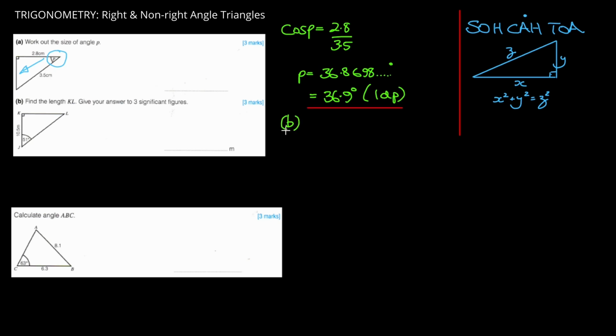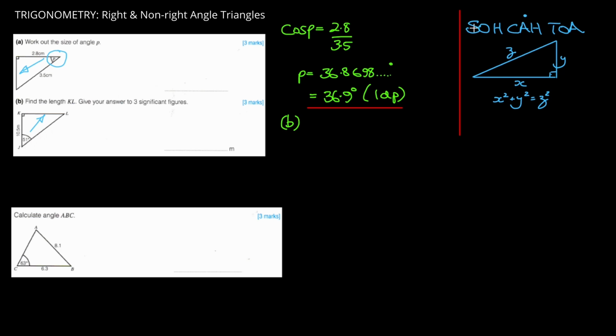Okay, part B. So we need to find KL, and we know the size of this angle down here. So be that angle for the moment, and if you look out, opposite you is KL, and this must be the adjacent because the hypotenuse is not needed.